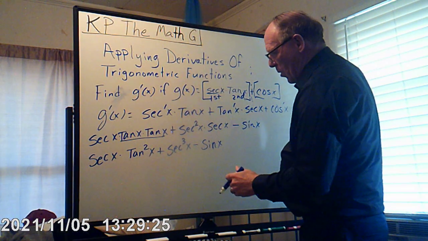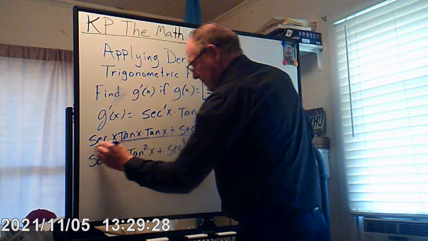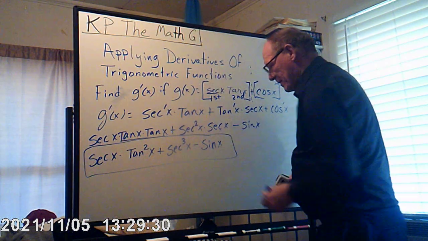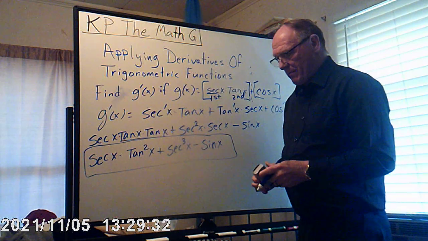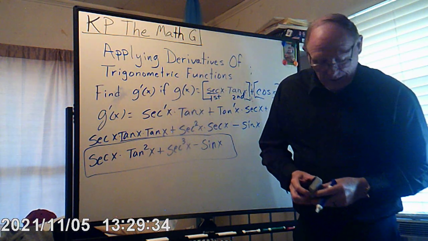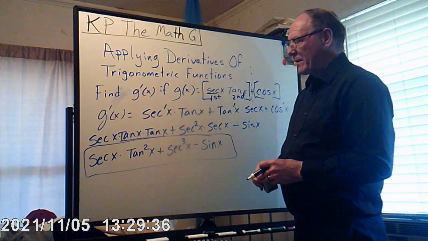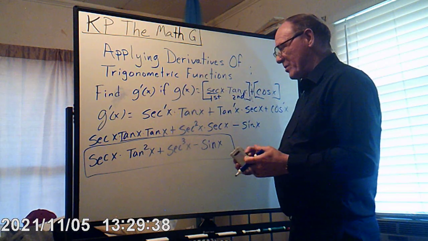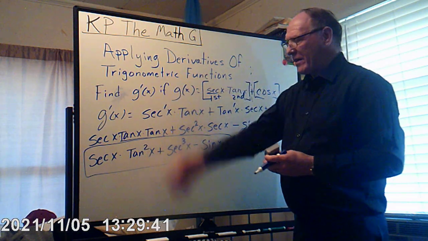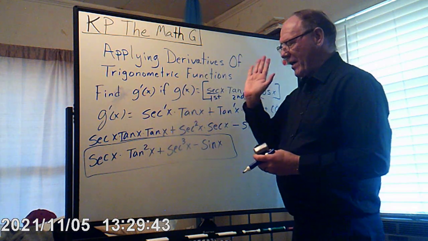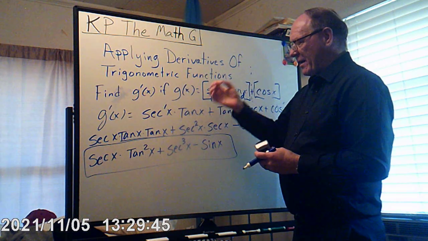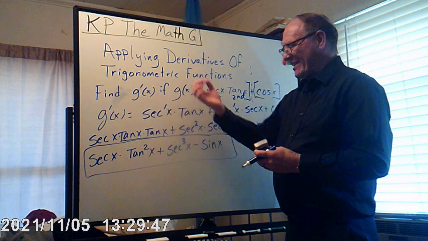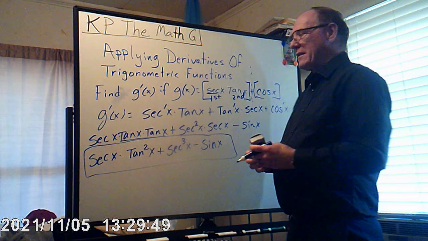So there we go. And again, that's pretty much what I wanted to cover. Just make sure that sometimes you're just asked to find the derivative. Sometimes you're asked to find the derivative and then what is the slope at x equals some number.